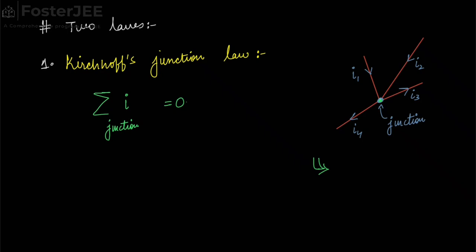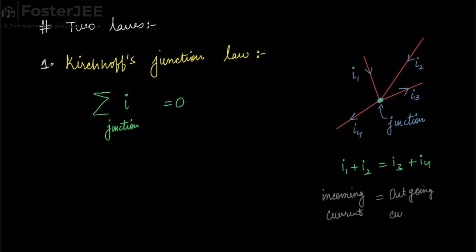The incoming current towards the junction is I1 plus I2. Now, the outgoing current from this junction is I3 plus I4. Hence, the statement is basically incoming current equals outgoing current.